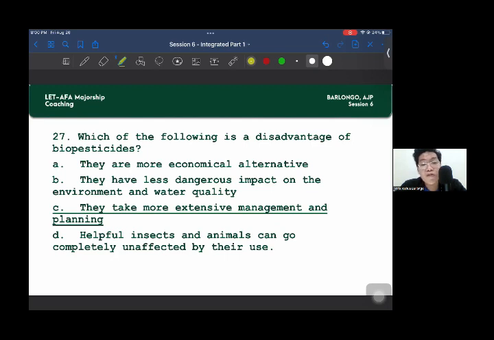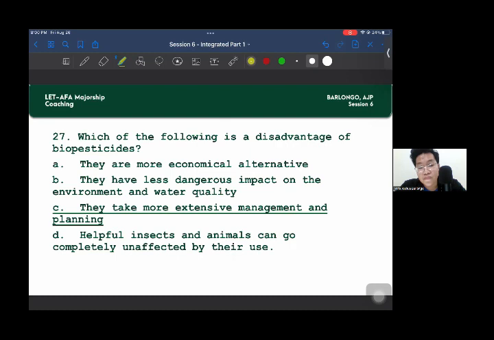So, they don't have a strong adverse effect or strong na negative effect sa environment. Unlike kapag kunwari chemical pesticides, of course, there could be, anong tawag doon? Pollution, chemical pollution sa ating land, chemical pollution sa water quality. So those are some of the disadvantage naman kapag gagamit ka ng chemical pesticides.